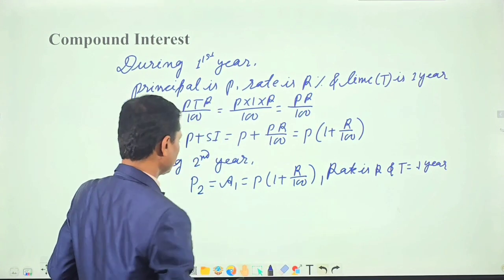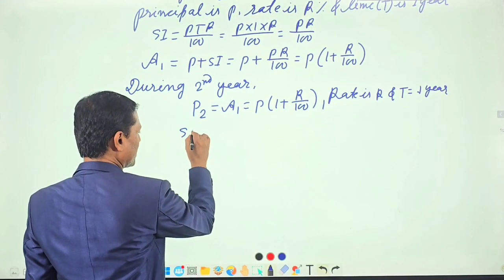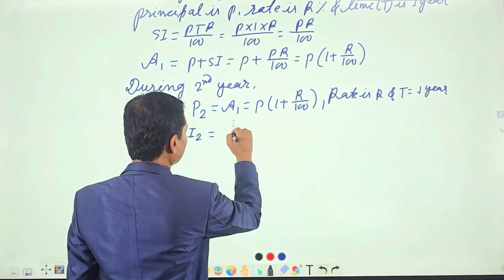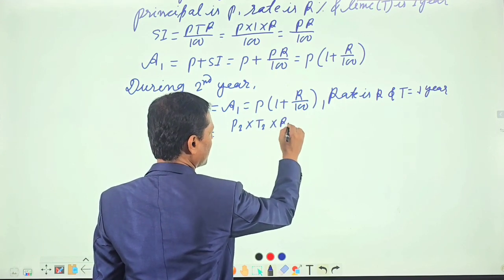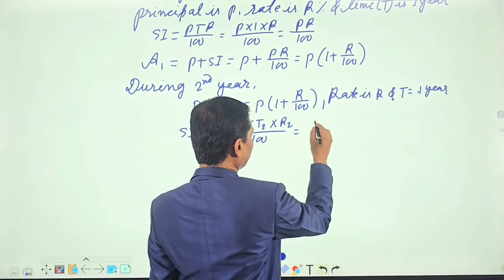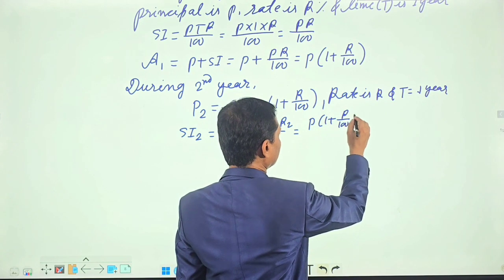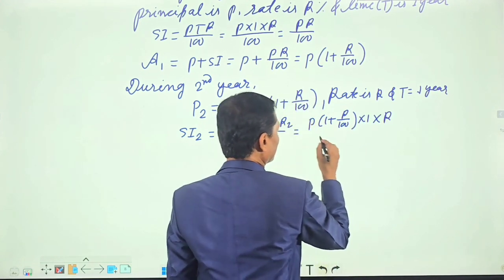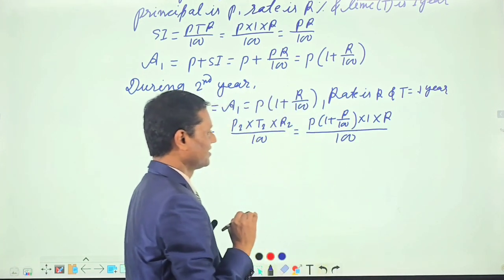So under this condition, simple interest, okay, we can write SI2, isn't it? SI2 is equal to P2 into T2 into R2 over 100, and P2 recently we have found, that is P times 1 plus R over 100, into 1 into R, because the rate is remaining constant, over 100, isn't it?